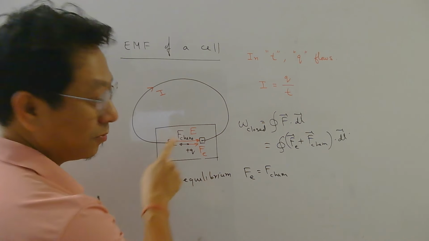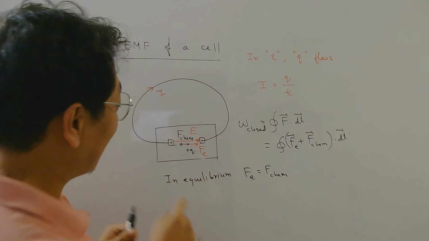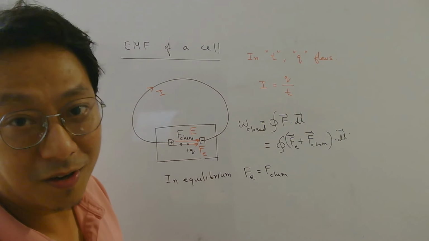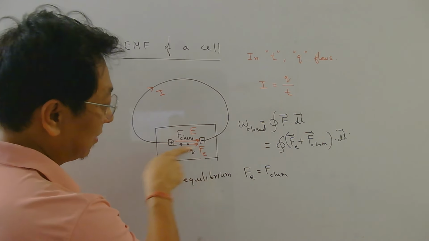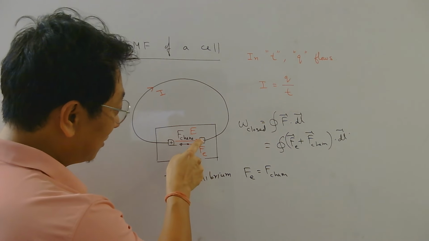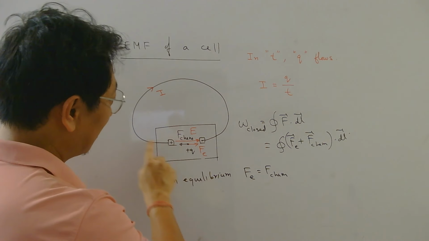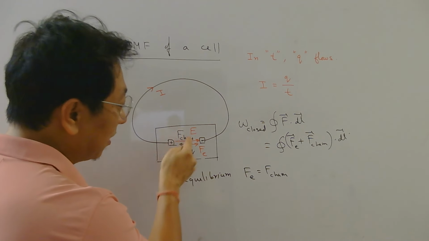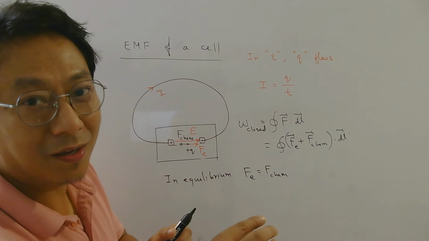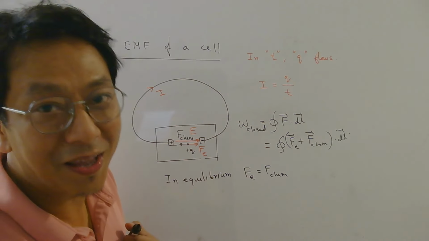So electrostatic force will do negative work, and that's why these chemical forces are very important, right? Otherwise those plus charges would not come against the electric field. So the plus charges which are brought here by the outside electric field cannot reach here without the help of chemical forces. Just like the marker cannot go up without my help, isn't it?